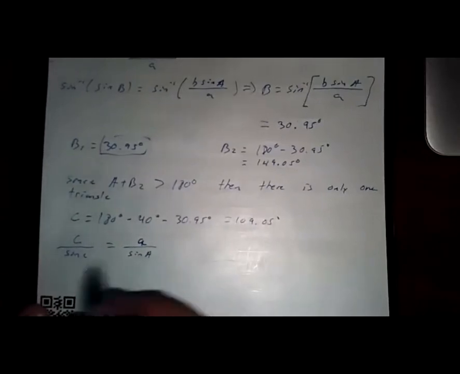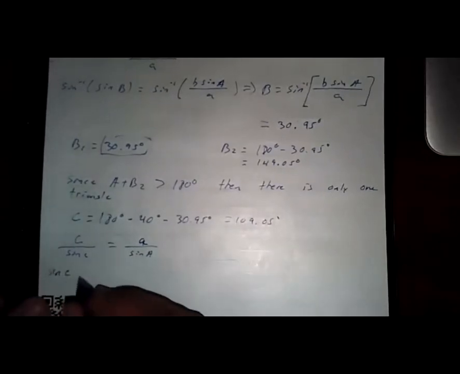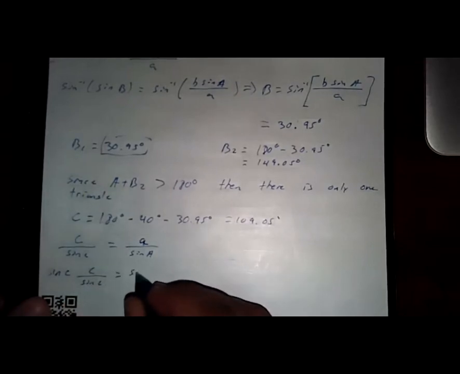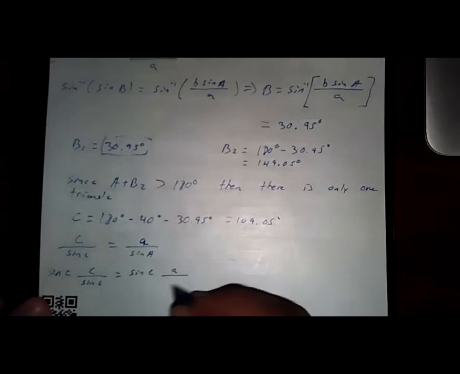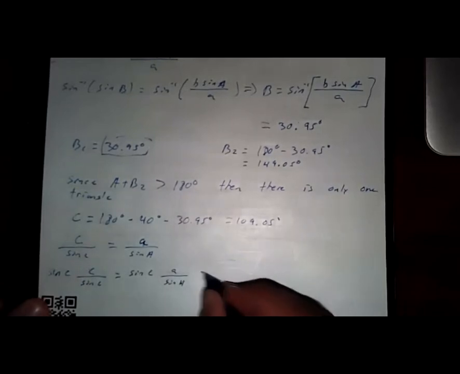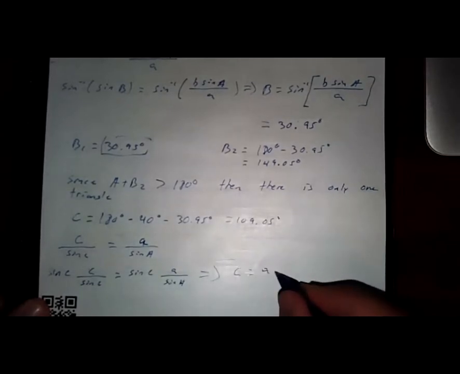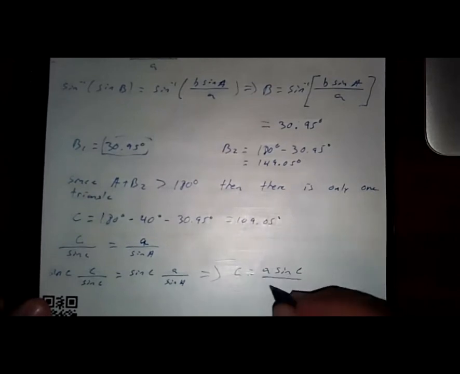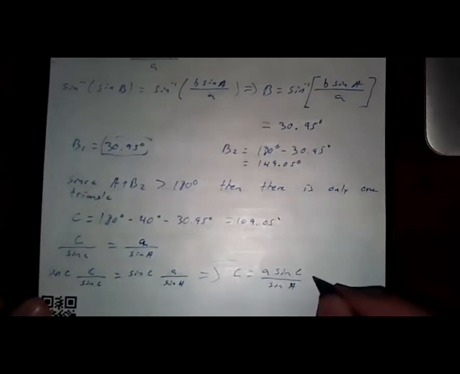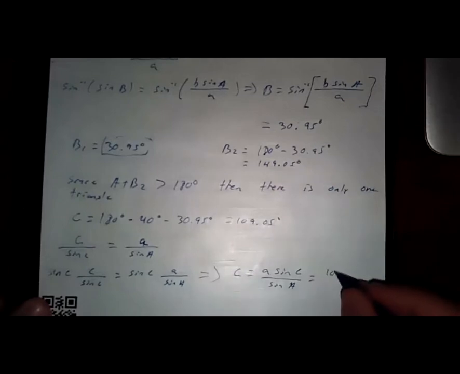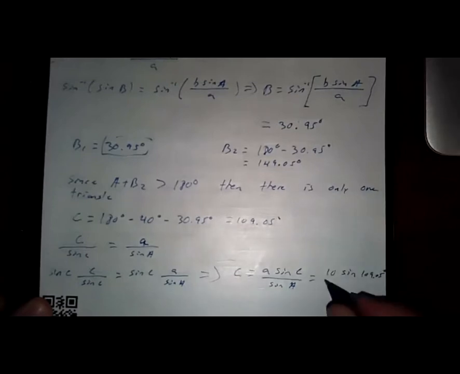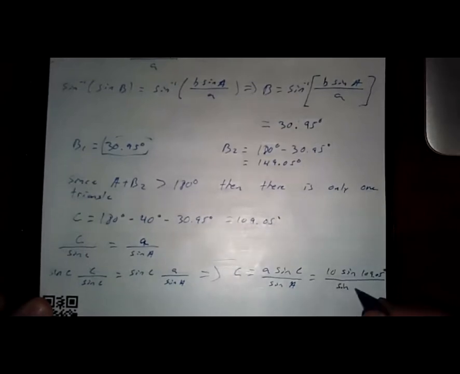Solve for C by multiplying both sides by sine C. So that would give us that C is equal to A sine C over sine A, which is equal to 10 sine 109.05 over sine of 40.